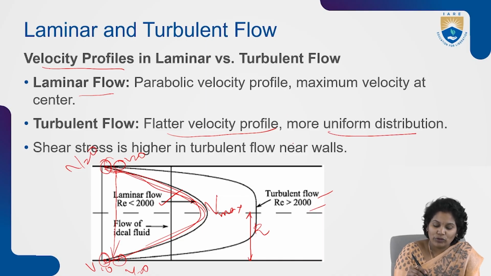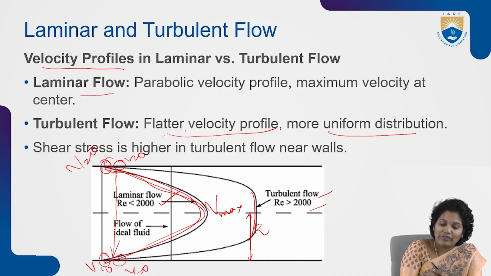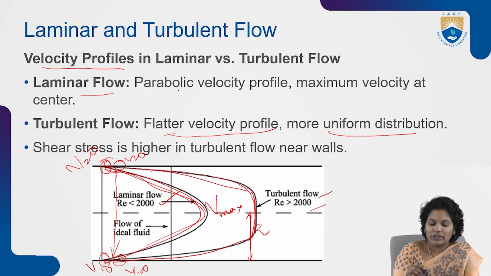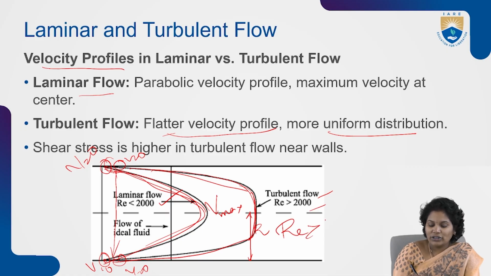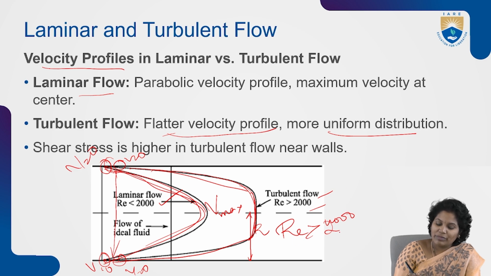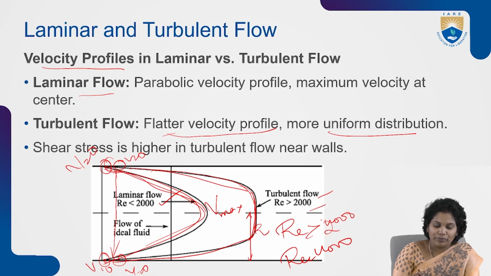This is turbulent flow, which has a Reynolds number greater than 4000.